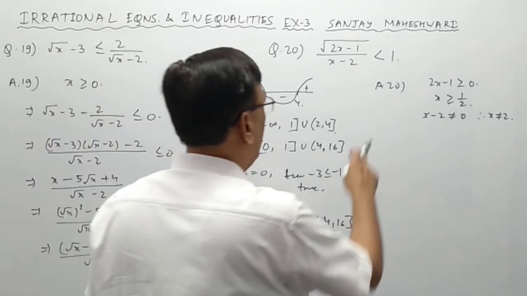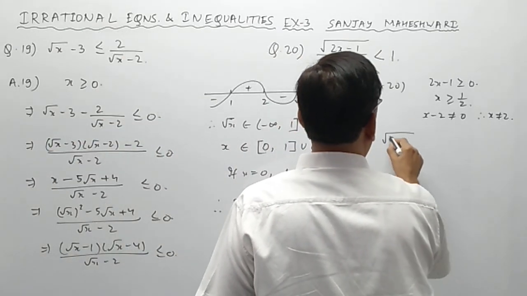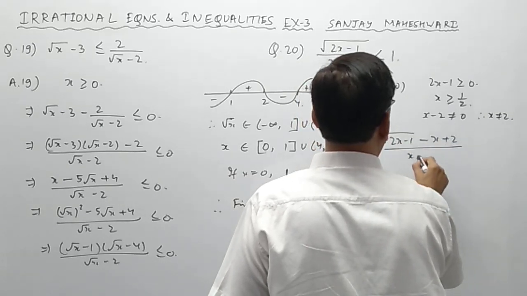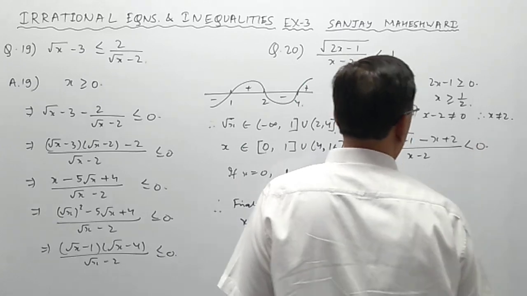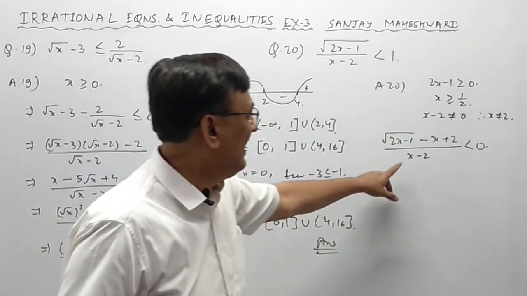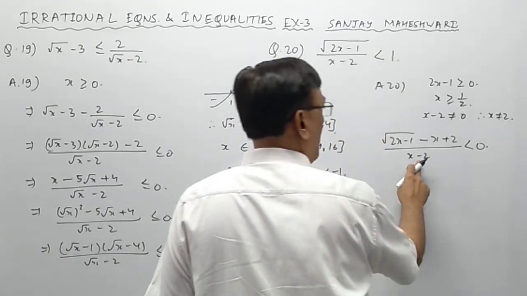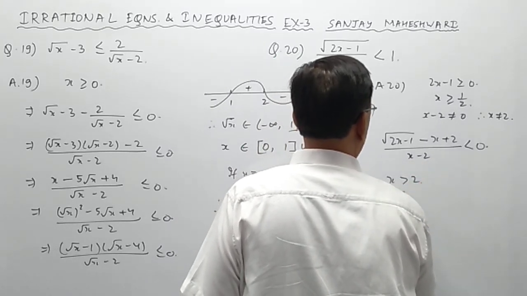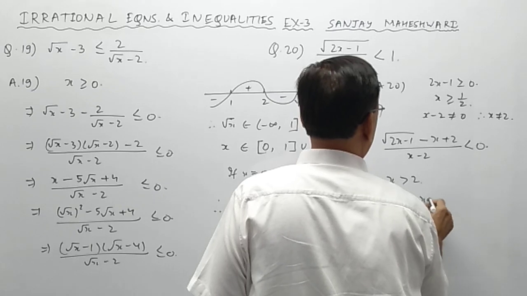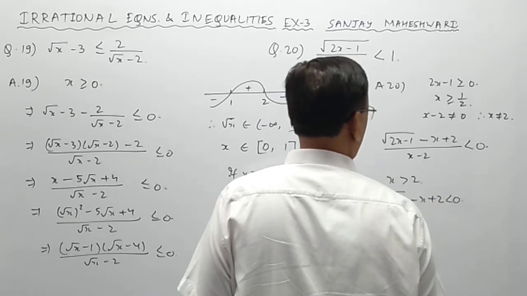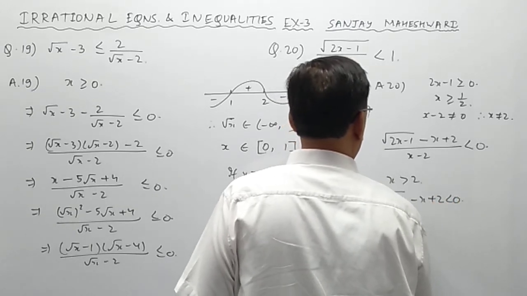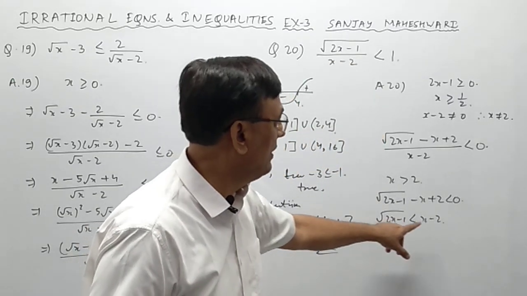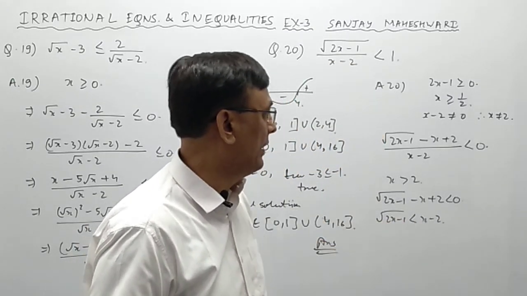Now we'll take one to the left hand side and take LCM. Now if x is greater than 2, the denominator is a positive number. If x is greater than 2, then root 2x minus 1 minus x plus 2 less than 0. That is, root 2x minus 1 is less than x minus 2. So this is a positive quantity, this also needs to be a positive quantity.